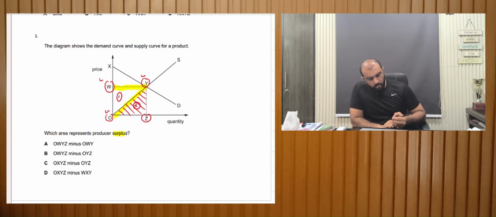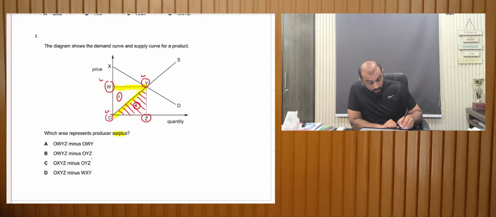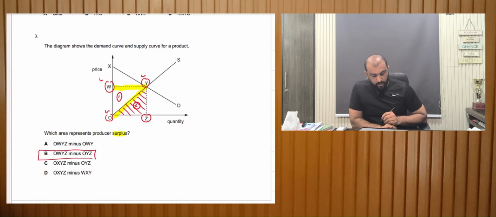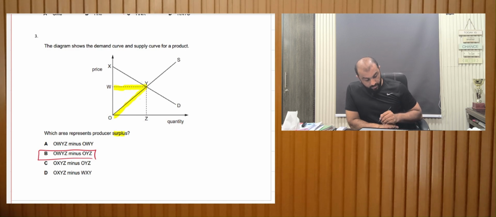Now let's look at the other options, OWY minus OYZ. Well, this is a better answer to that. Now, basically, I'll just repeat the points so that it's easier for you to understand. OWYZ, so this is the entire rectangle.